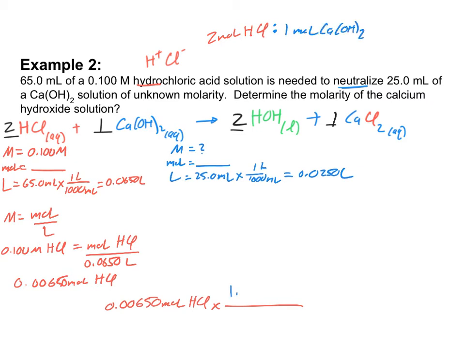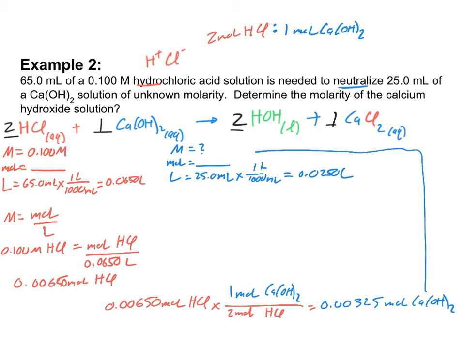So I'm going to put my 1 mole calcium hydroxide on top and my 2 moles of HCl on the bottom. So 0.00650 divided by 2 gives me 0.00325 moles of Ca(OH)2.